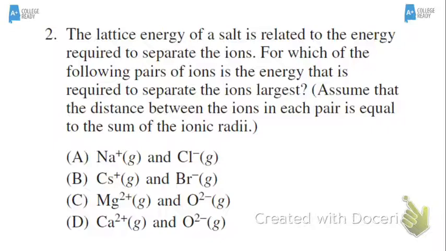So sodium chloride and cesium bromide, we are going to eliminate both of those because their charges are small. And then on top of that, cesium is a really, really big atom, which means that it is not going to have a strong force of attraction with the bromine. So that leaves us between calcium oxide and magnesium oxide. Magnesium is the smaller of the two, which means that it will have a stronger force of attraction with the oxygen, which will leave us with magnesium oxide as our final answer.